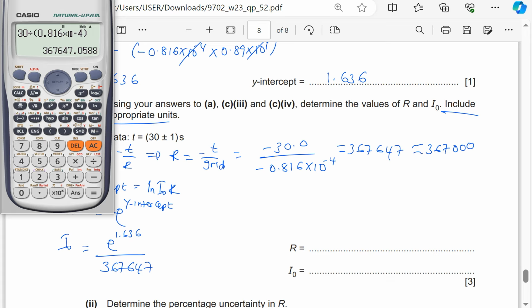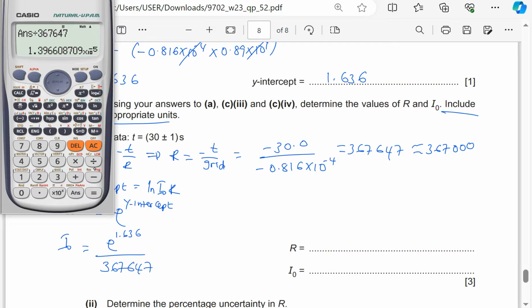So I'll say e power 1.636 divided by 367647.